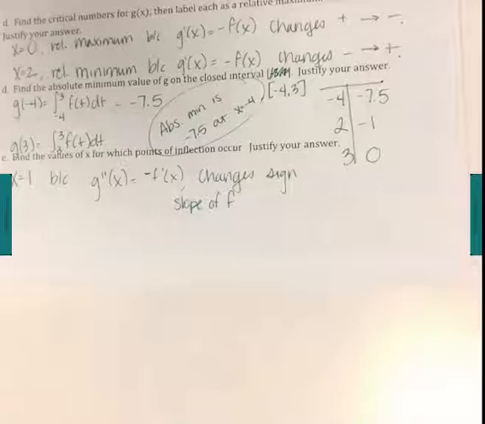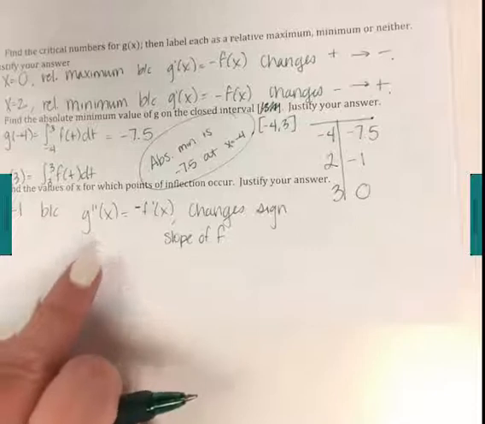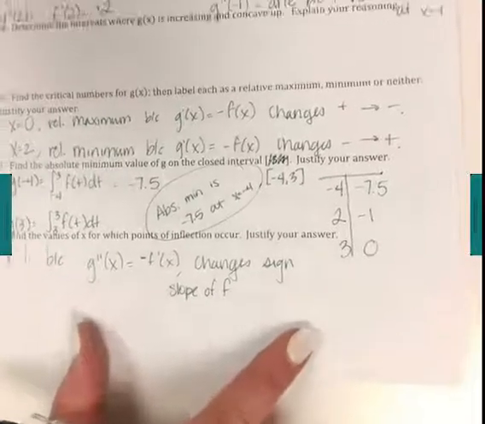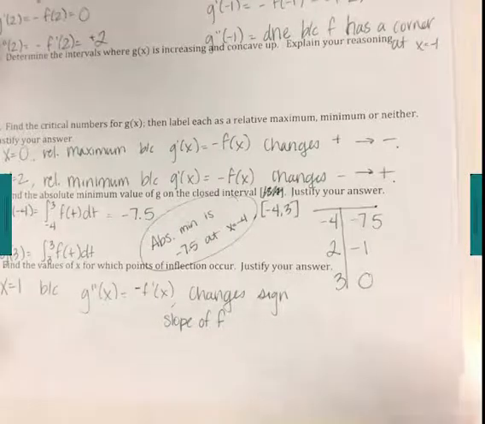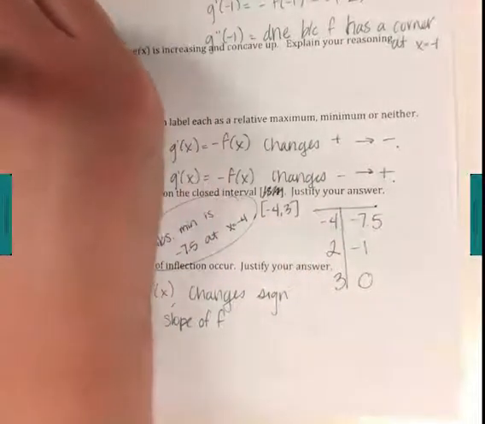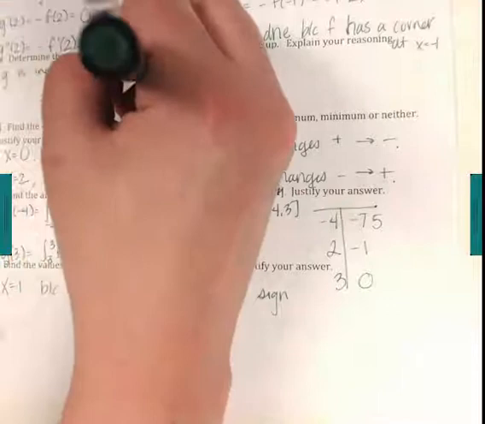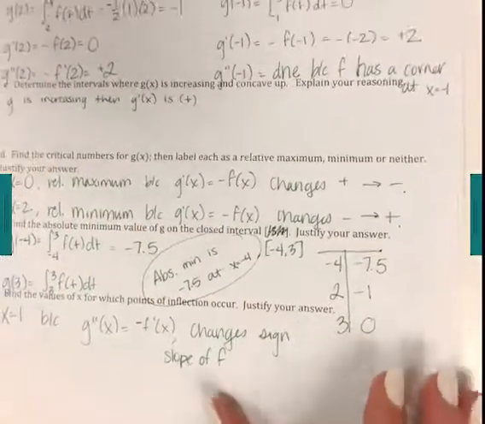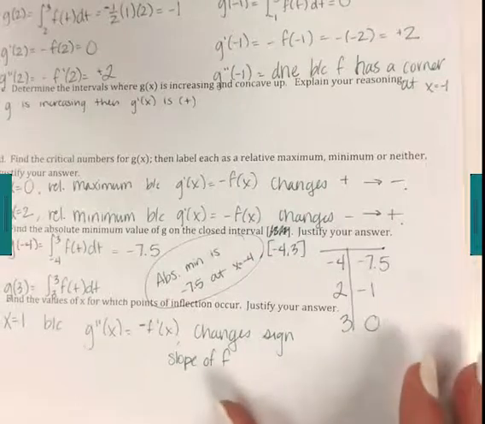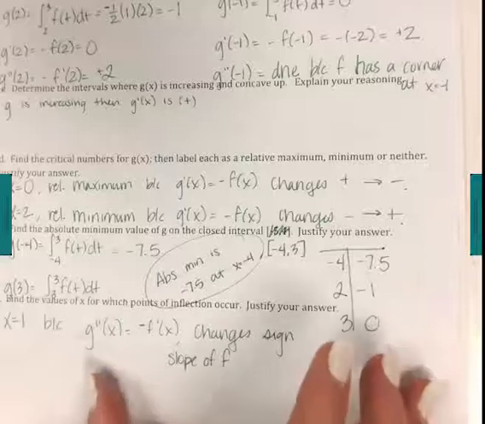Great. Okay, now, let's go back to part C. The part that we skipped. Okay, I want G to be increasing and concave up. Okay, let's break that down. If G is increasing, then G prime needs to be positive, right? Then what does F have to be?